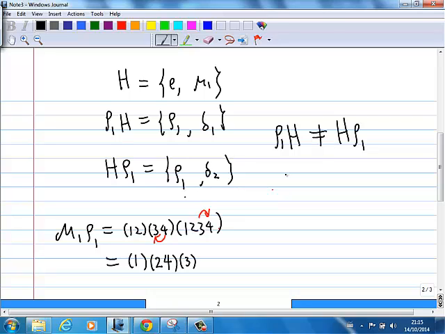So this H is a subgroup of G, but it's not a normal subgroup. Okay? For a normal subgroup, every left coset and right coset must be equal. So this is not a normal subgroup of G, a subgroup of D4.